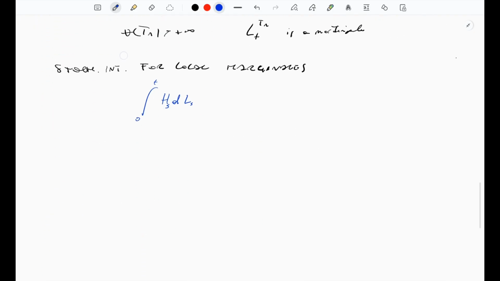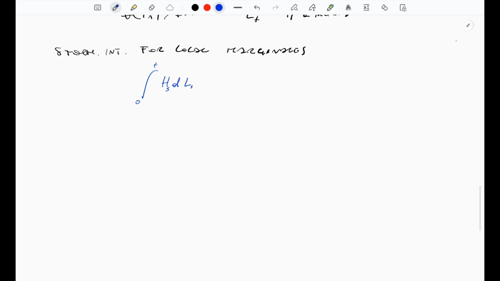What you do is, instead of L2(M), you use L2 loc(M). So M now is no longer in H2. M is a continuous local martingale. Okay, so you just define L2(M). What is that?